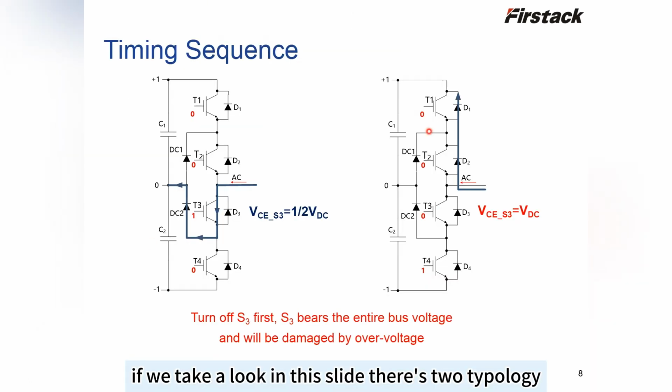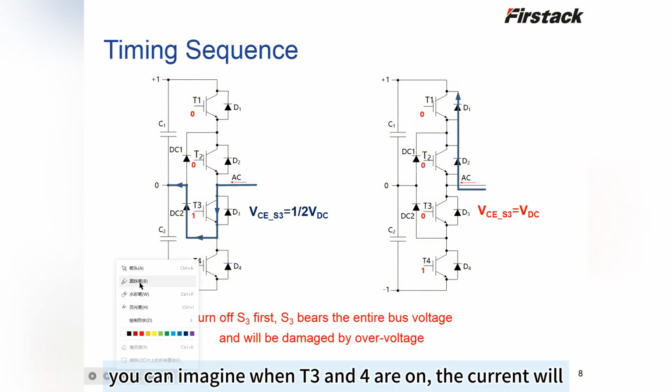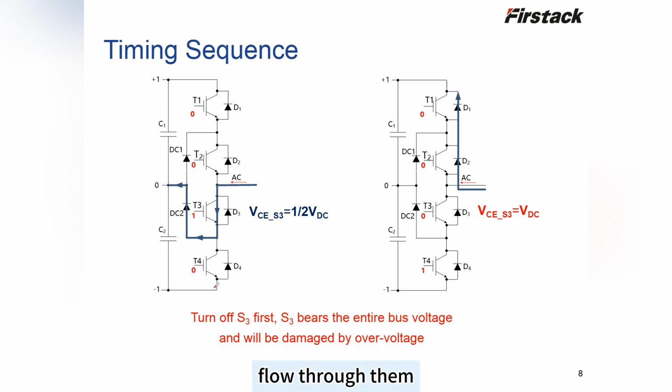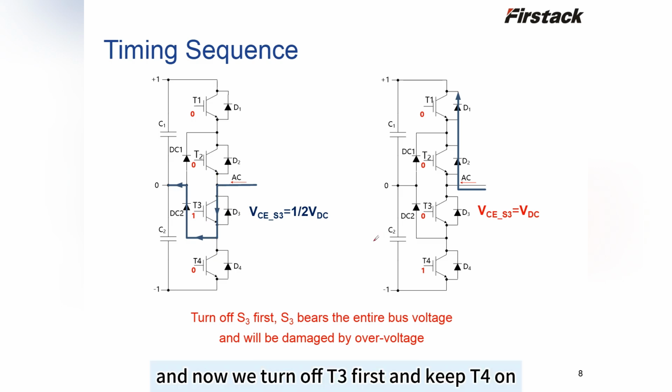If we take a look at this slide, these two topologies, you can imagine when T3 and T4 are on, the current will flow through T3 and T4. And now we turn off T3 first and keep T4 on. You can see in the right figure, the current will flow through this blue path.